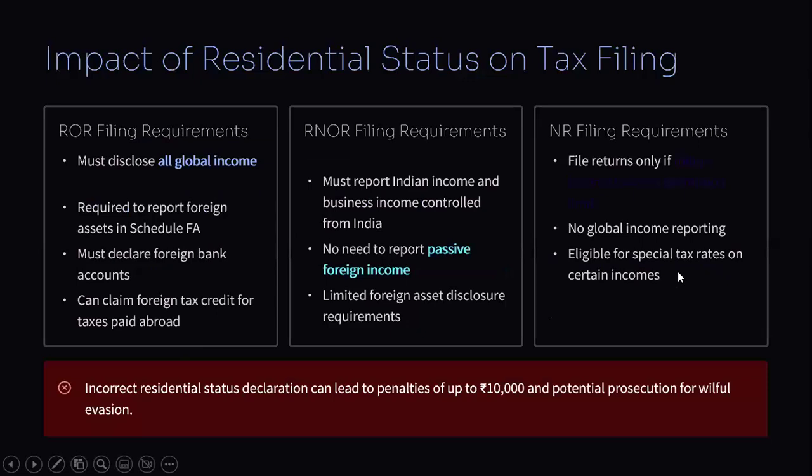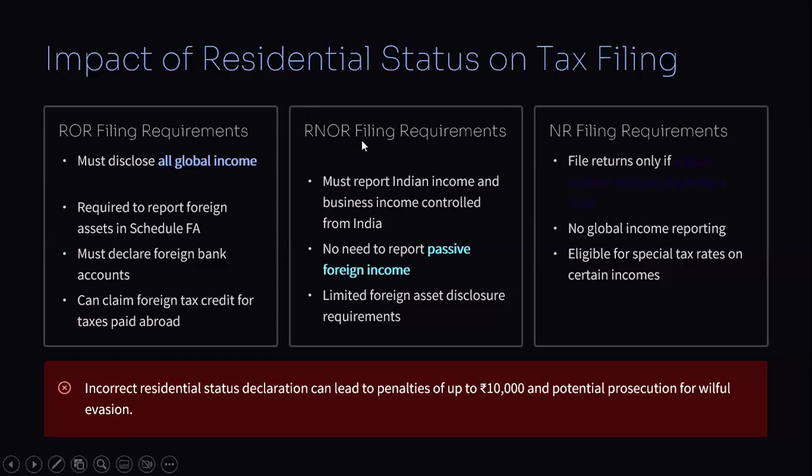Now, what is the impact of residential status? The impact is, in the first case, if he is an ordinary resident, then he must disclose all his global income. He must report as per schedules the declaration of what his source of income is, from where he earned the global income, and so on. He must give details about his taxation, about his liability and assets if he is a resident and ordinary.